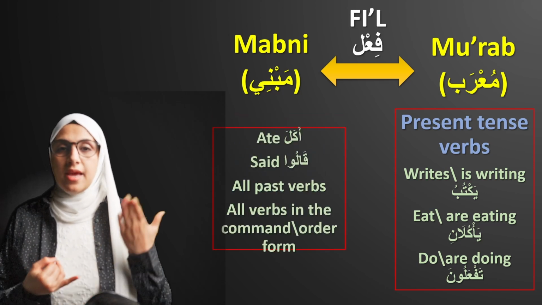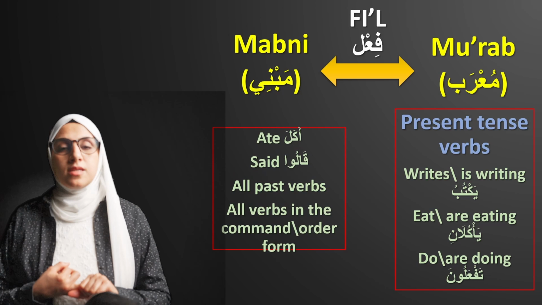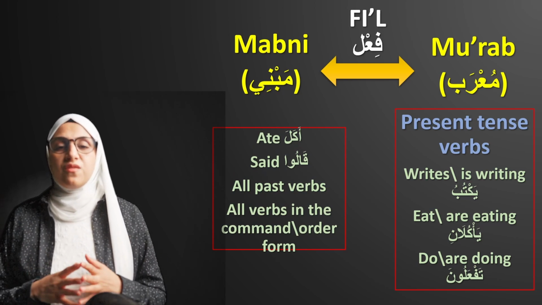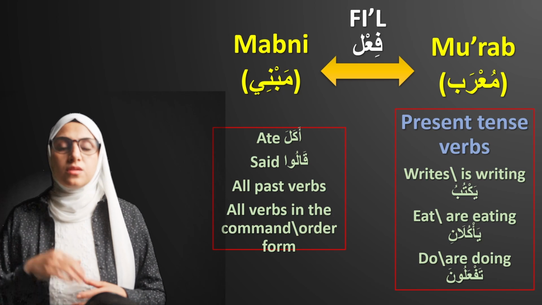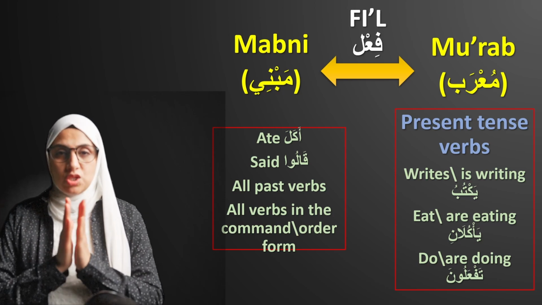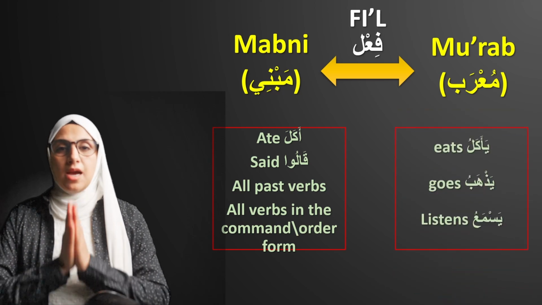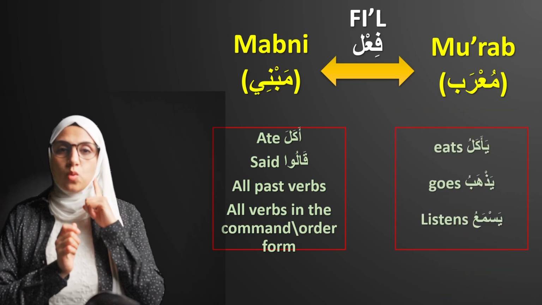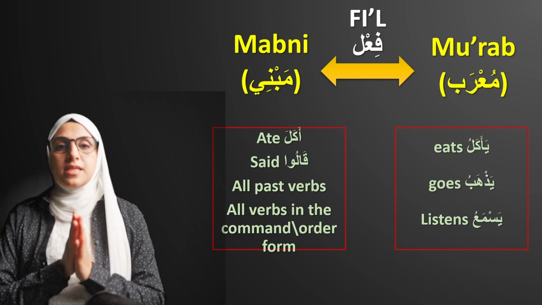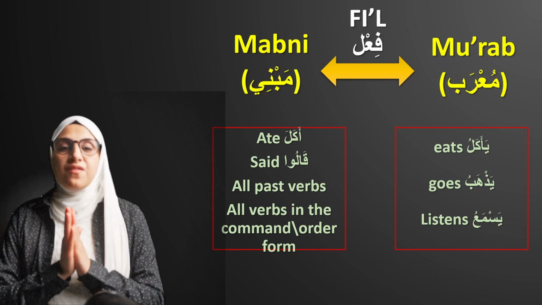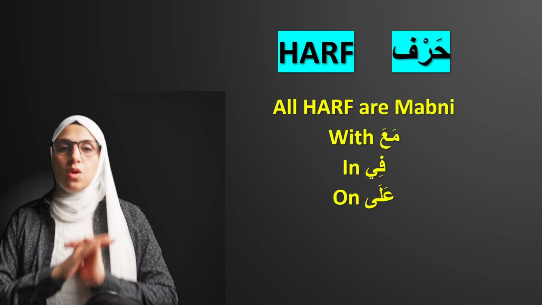So أكل, ate, مبني. قالوا, they said, مبني. افعل, do, مبني. All verbs in the past or in the order form are مبني. But verbs in present, like يأكل, eats, يذهب, goes, يسمع, listens, all these are معرب. What about الحرف? All حرف words are مبني with no exception.